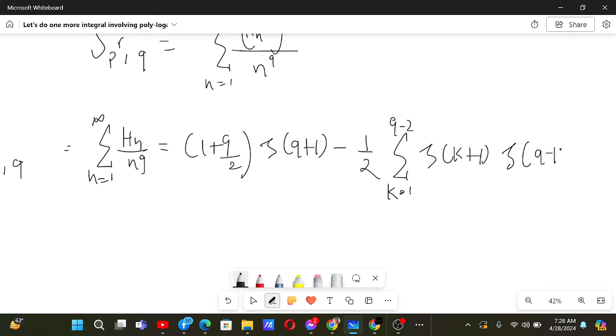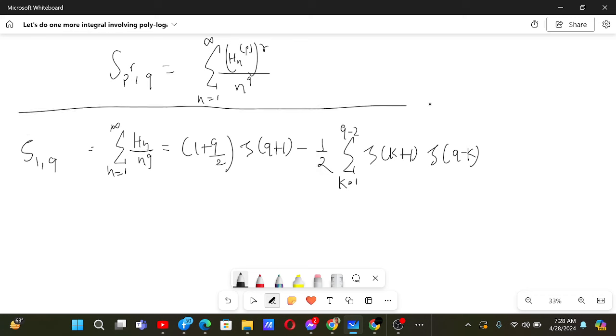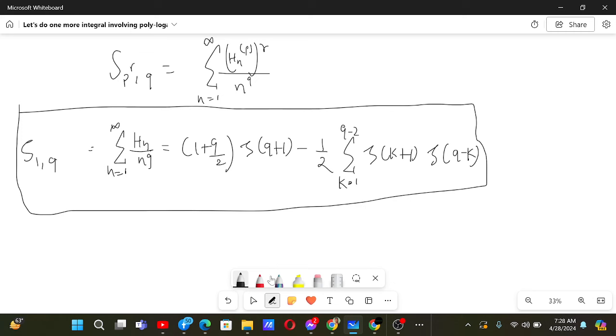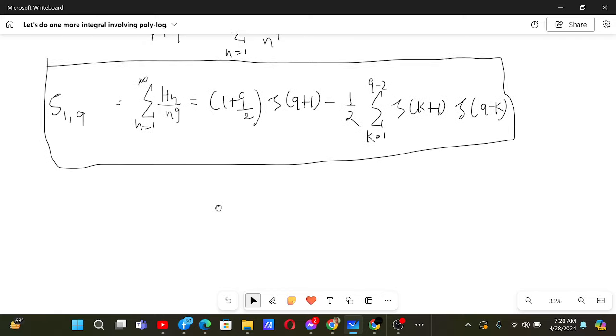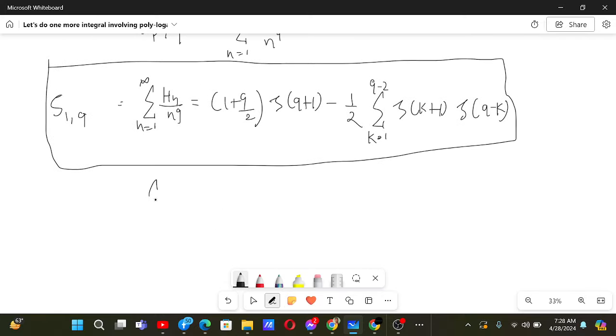This is a well-known expression that's helpful in almost all cases to evaluate polylogarithm integrals and series. We'll also use this formula here. We basically need q equals 3 in our case, so let's substitute q equals 3 in this sum.